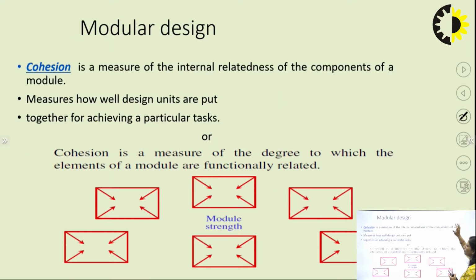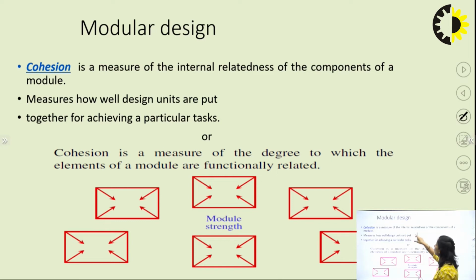Now coming to another part of modular design, that is cohesion. We have talked about coupling, which is about the closeness of two modules. Now we will discuss cohesion.